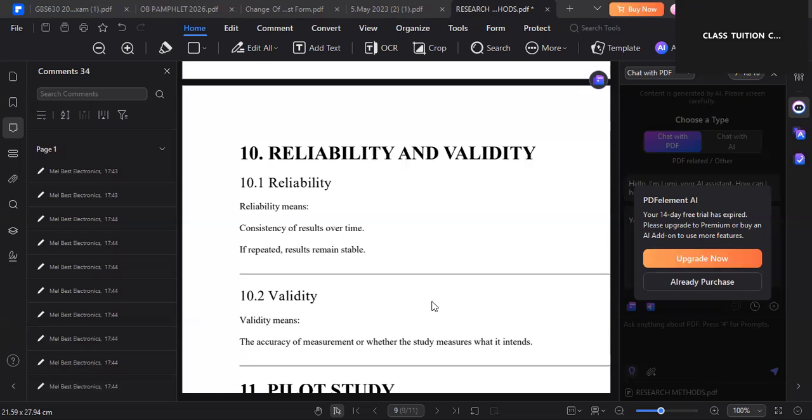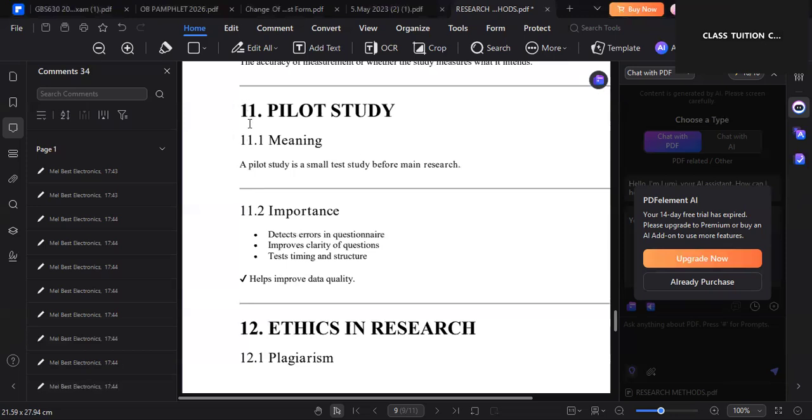Then we look at what a pilot study is or pilot test. You've heard of a pilot test? A pilot test is basically what? What is a pilot test? Anyone?